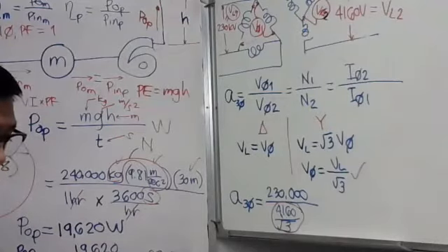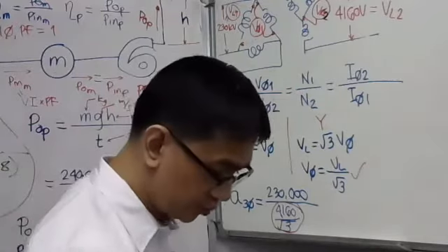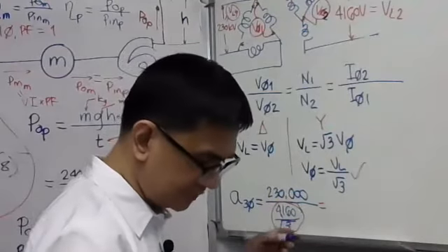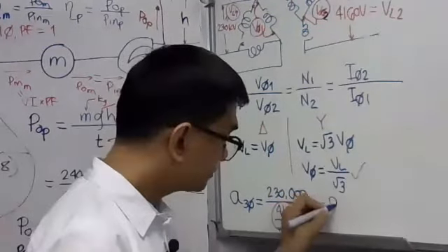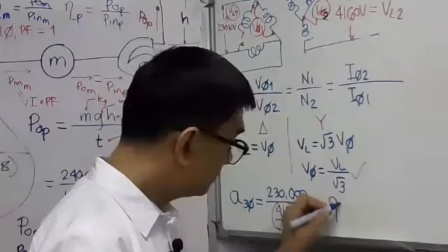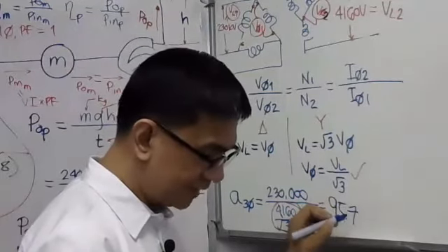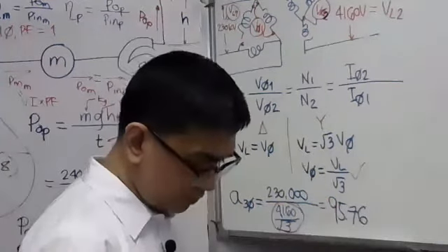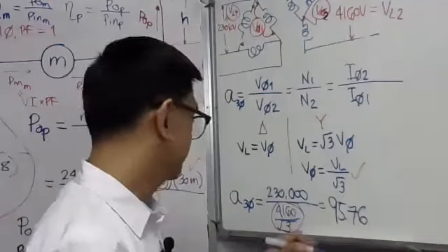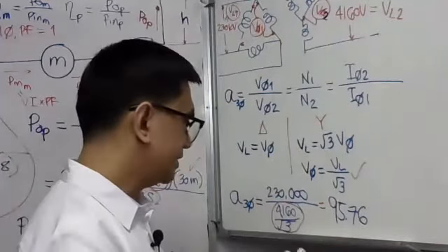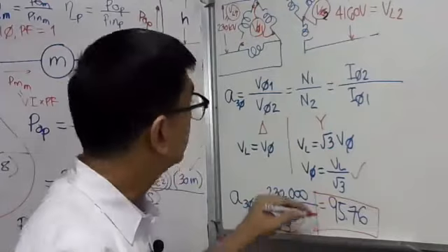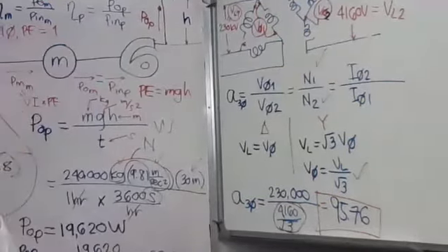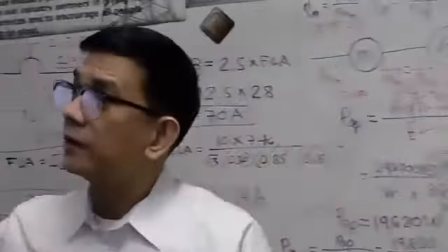So our answer is 95.76. That is the answer. This is the turns ratio, the ratio of the primary to the secondary turns. This is my answer to Mr. Michael Angelo Gunay.